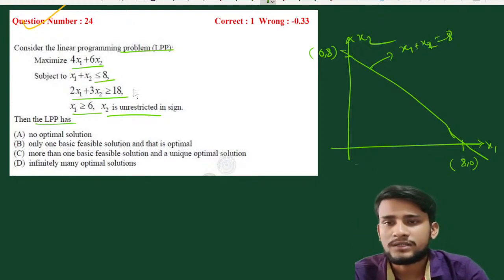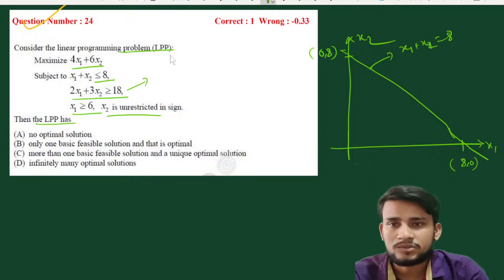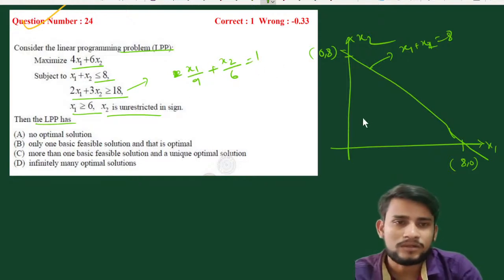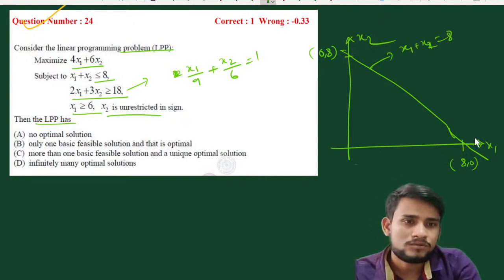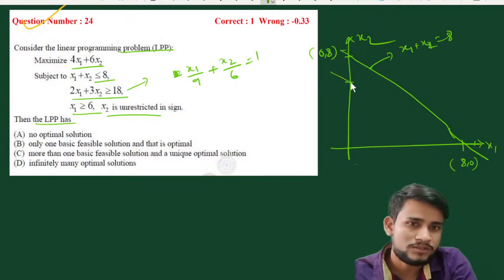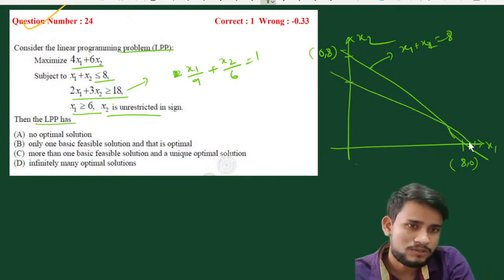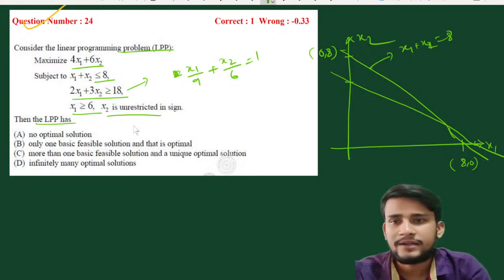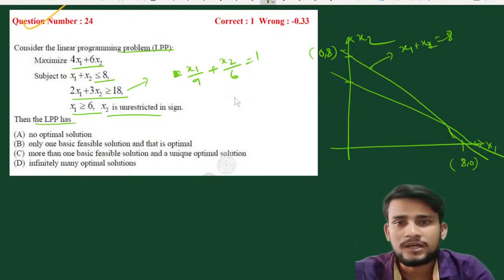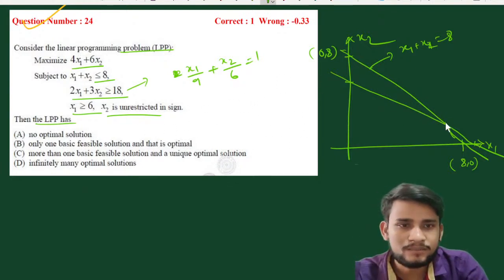The second one is 2x1 plus 3x2 greater than or equal to 18, so the line is x1 by 9 plus x2 by 6 equal to 1, with the points 9 and 6. So we draw these lines.